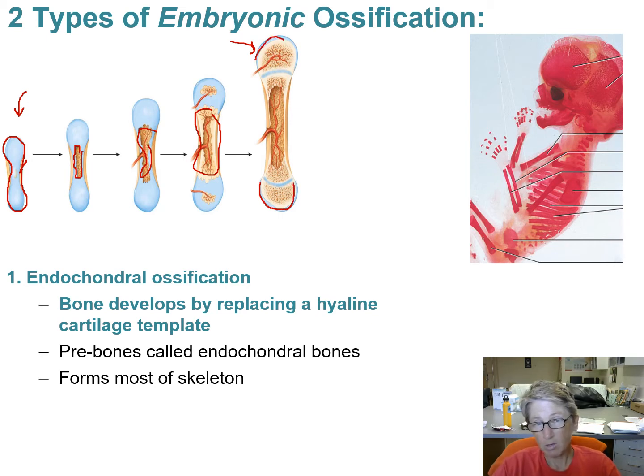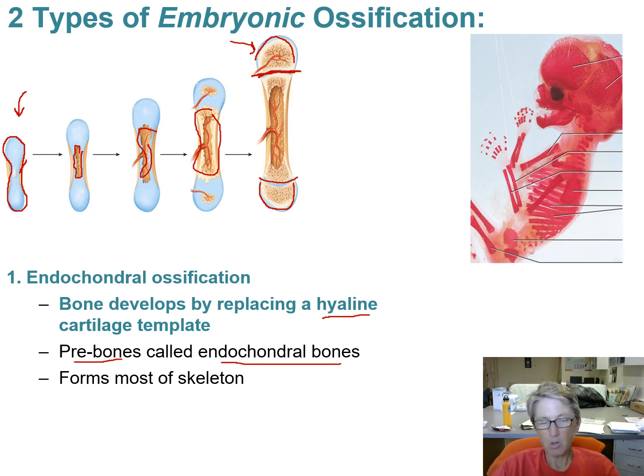You'll have articular cartilage at the epiphysis, and then you'll have this epiphyseal line here and here. In endochondral ossification, you develop your bone by replacing a hyaline cartilage template. And before you are an actual bone, when you are a little embryo and you just have pre-bones, they're called endochondral bones because they're mostly cartilage.